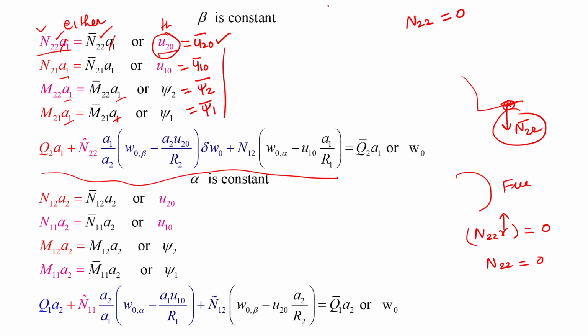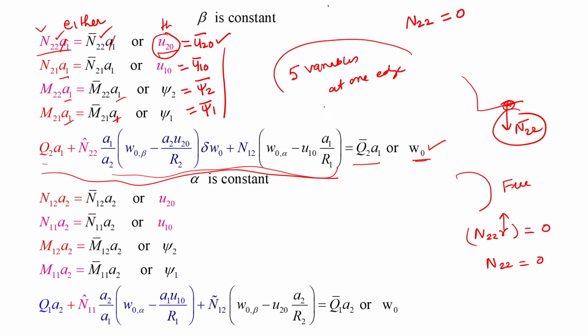So, in the first case N22 or U20, N21 or U10, M22 or psi 2, M21 or psi 1, or Q21 plus this nonlinear contribution equal to Q2A1, or W0. We have to choose; these are the 5 variables at one edge.